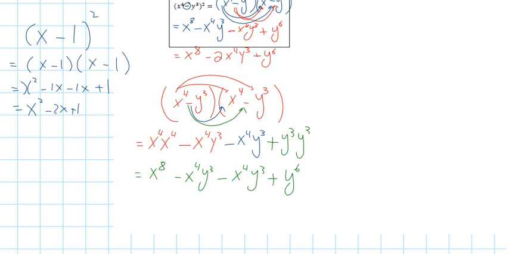Now, you have negative 1 x to the power 4 y cubed and a negative 1 x to the 4 y cubed. What do you do? Add them. That's right. In this case you're just adding the coefficients, so that's going to be negative 2 x to the 4 y cubed, and then plus y to the power of 6.